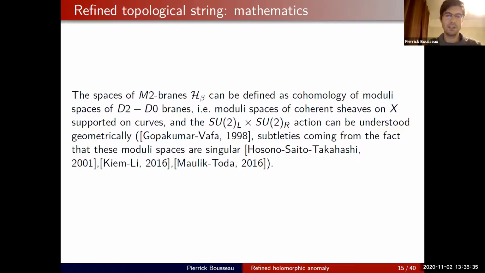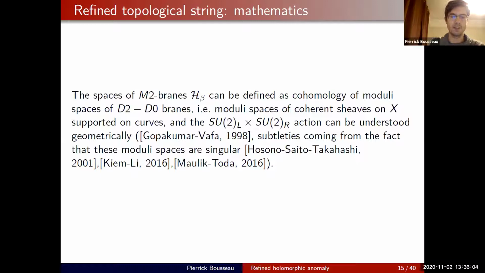Okay, so in my survey of the physical definition of the refined topological string, I made this comment about M2 branes. Now to go back to mathematics, I need to say slightly more about it. The space of M2 branes, H beta, should be some kind of cohomology of some moduli spaces of D2-D0 branes, which mathematically are moduli spaces of coherent sheaves supported on curves.